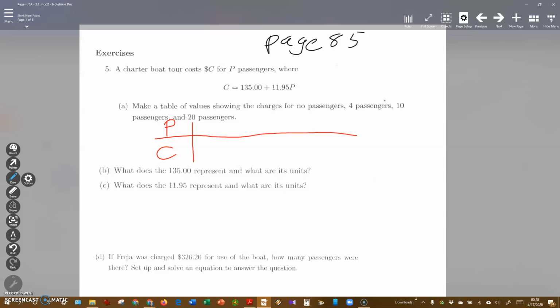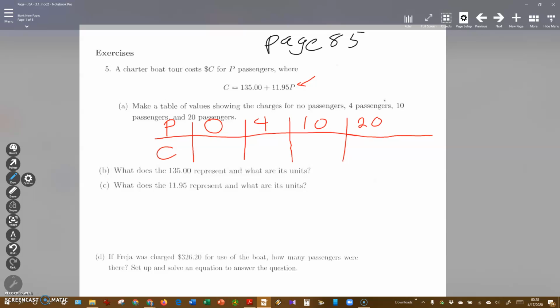And we're going to figure out how much for 0 passengers, for 4 passengers, for 10 passengers, and for 20 passengers. And I'll extend my line a little bit here. All right. So to find these values, we just go ahead and plug the numbers in to the equation above. We just put in our numbers for the variable P there.